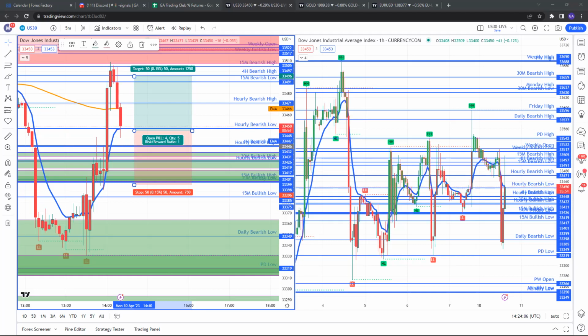Let me change my risk here. All right. If it closes below the 9 EMA, I will not take an entry.